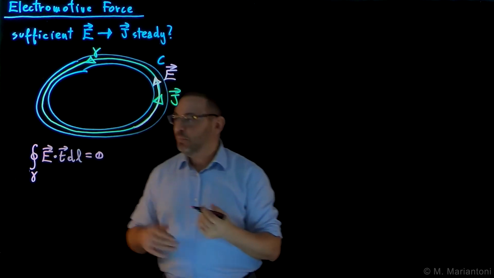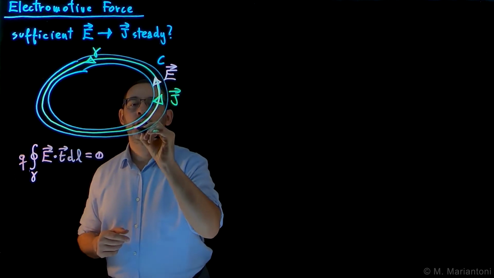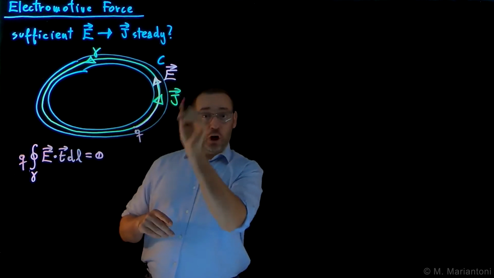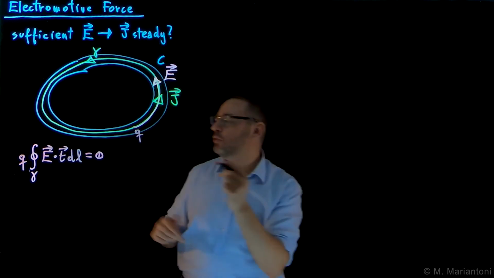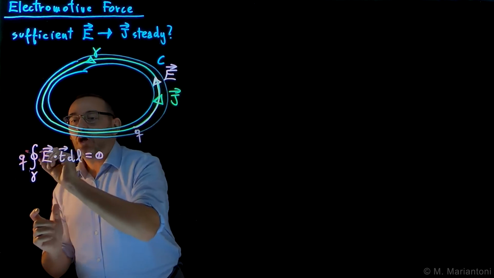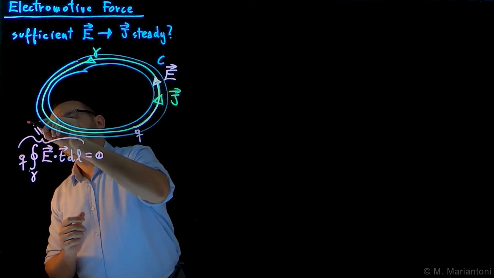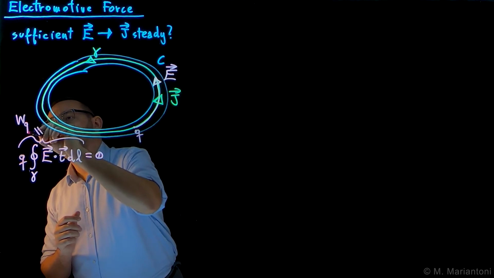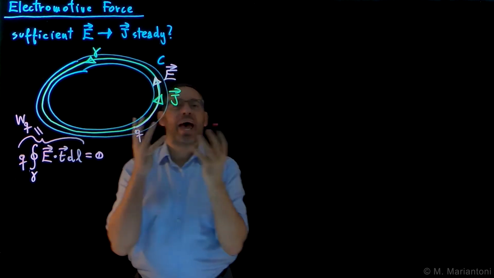This means that if I multiply this quantity times a charge Q, which is the charge I'm attempting to move along this circuit, the free carriers in a conductor being electrons, then the work W associated with moving the charge Q along the entire closed circuit has to be equal to 0.